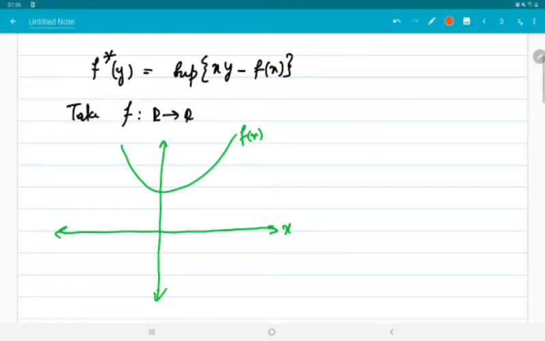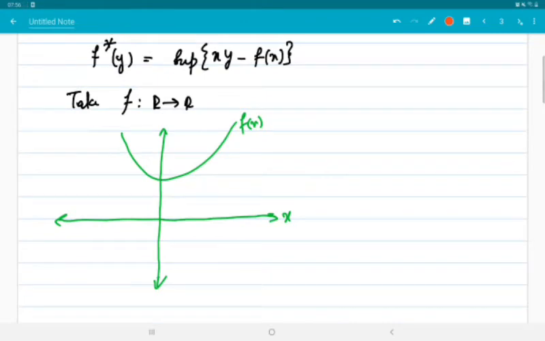Let us fix some value of y and see the behavior of f star of that constant, and then we will extrapolate it to the entire function. Suppose we fix y as a constant a, so we have f star a as the supremum of ax minus f(x), right?